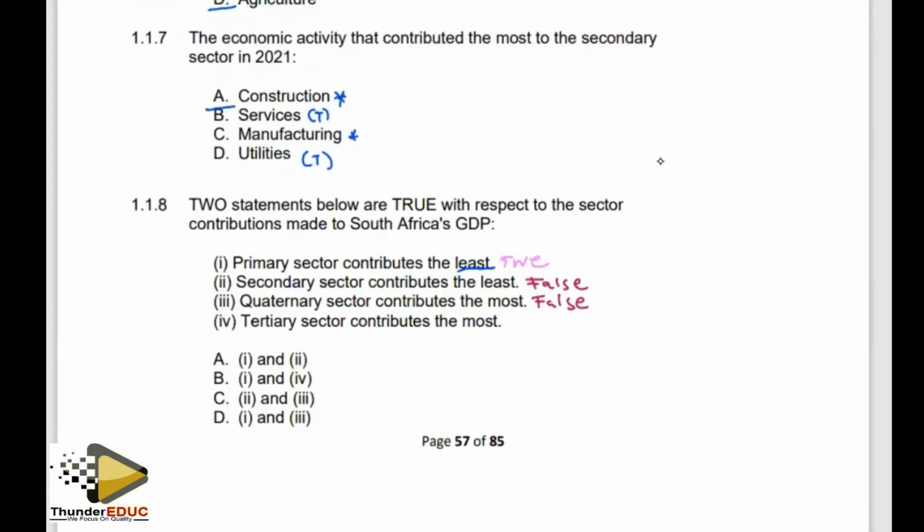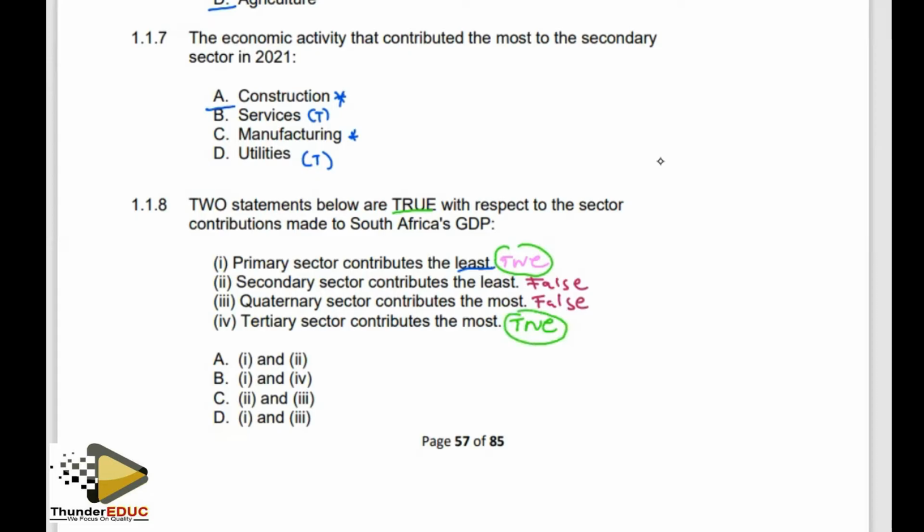So which makes the statement to be true. Right. Now, according to the question, it says two statements below are true with respect to the sector contribution, and we've identified two true statements, that is statement 1 and statement 4.